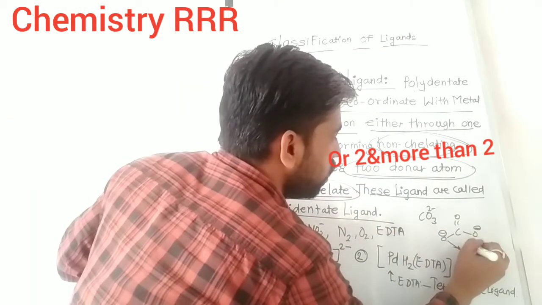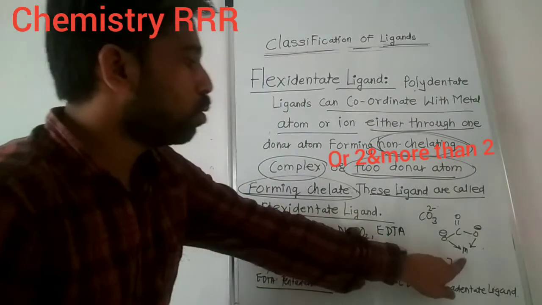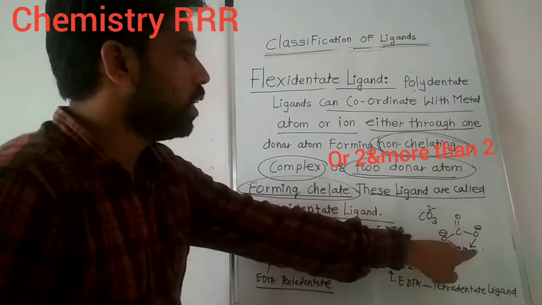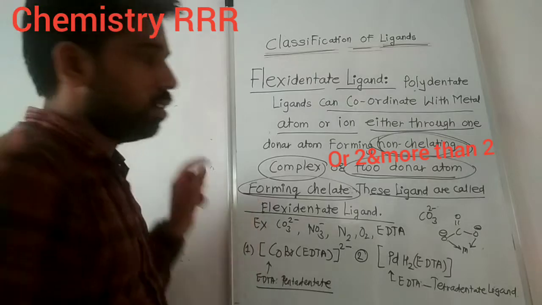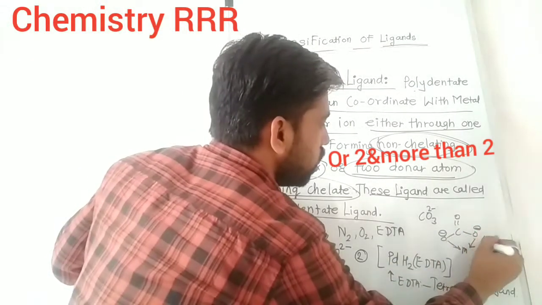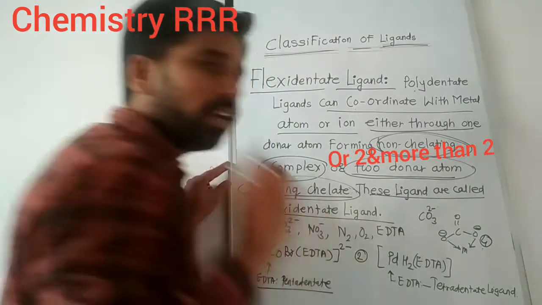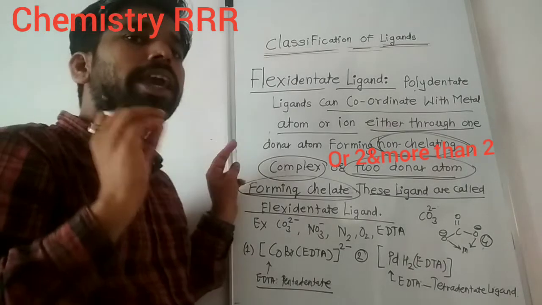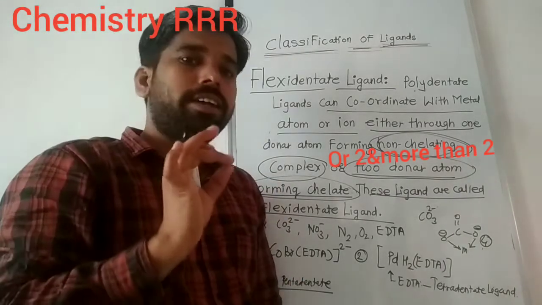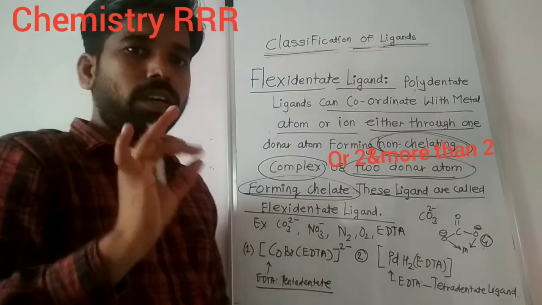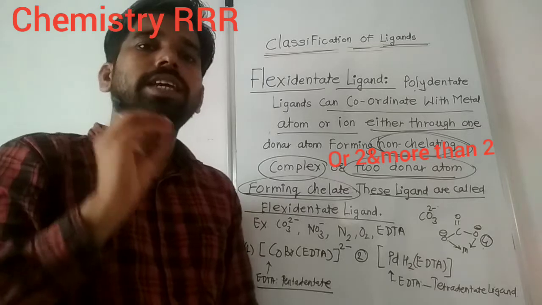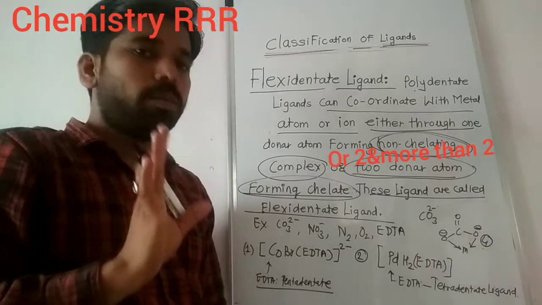If the carbonate is attached to the metal through two donor atoms, then it forms the chelate complex. But generally this four-member chelate is unstable, but exceptionally in CAN, that is ceric ammonium nitrate, it is stable.